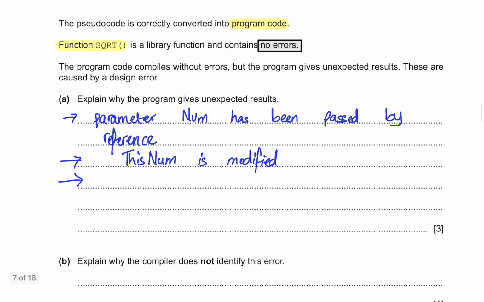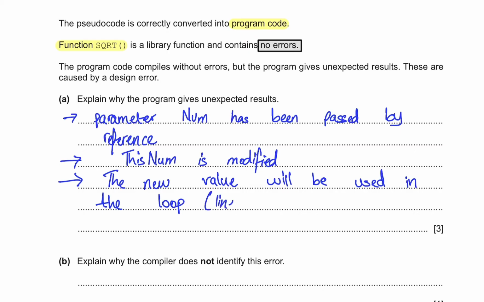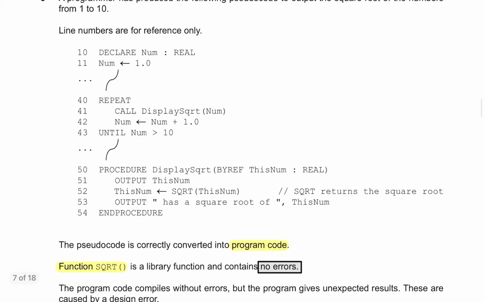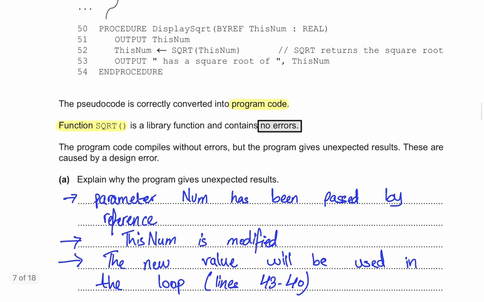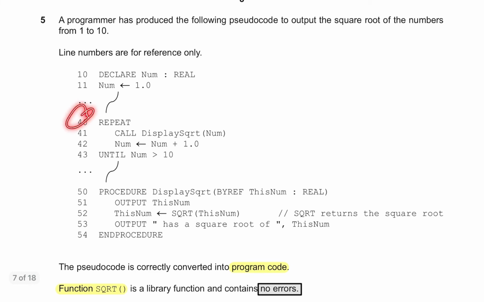And the new value will be used in the loop. From lines 40 till 43, the loop will go on.